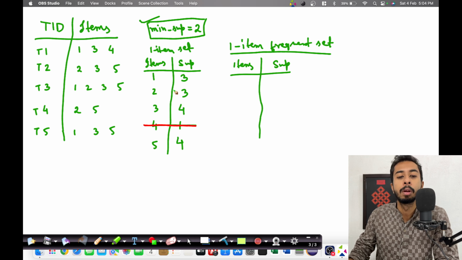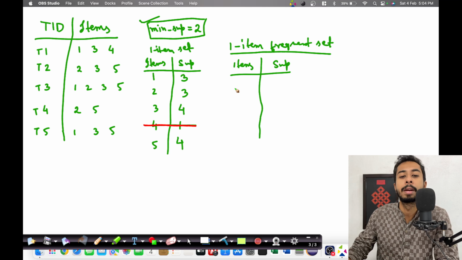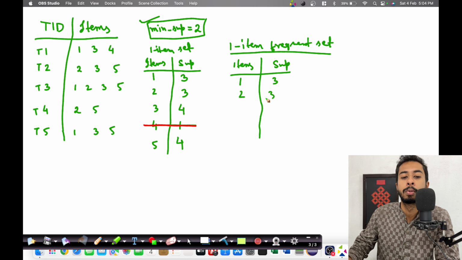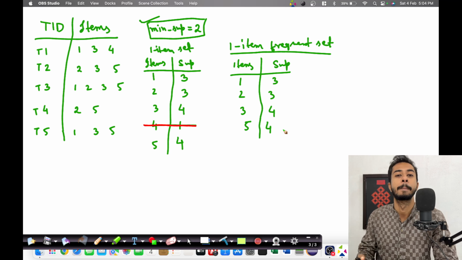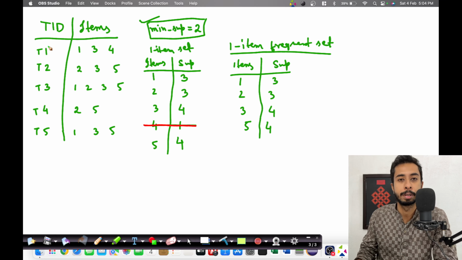I'll simply copy all the valid items here: 1, 3; 2, 3; 3, 4; and 5, 4. I'll not copy 4 because it is discarded. Done. So this is the one item frequent set.